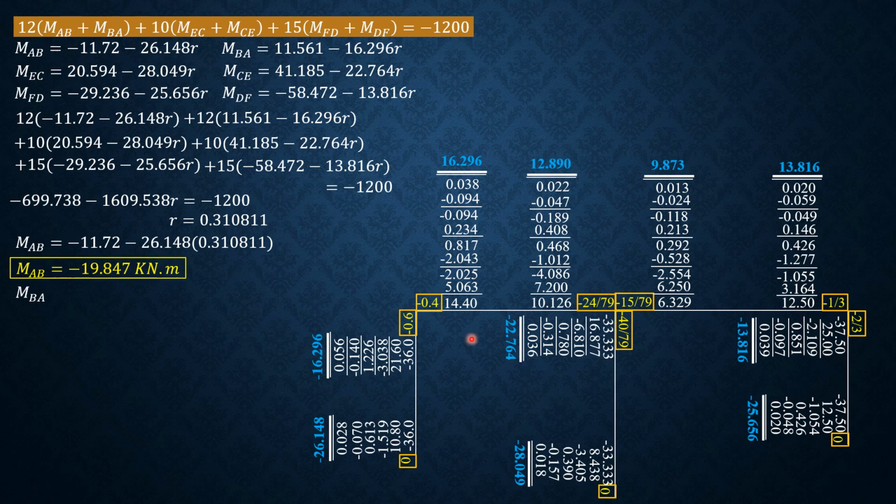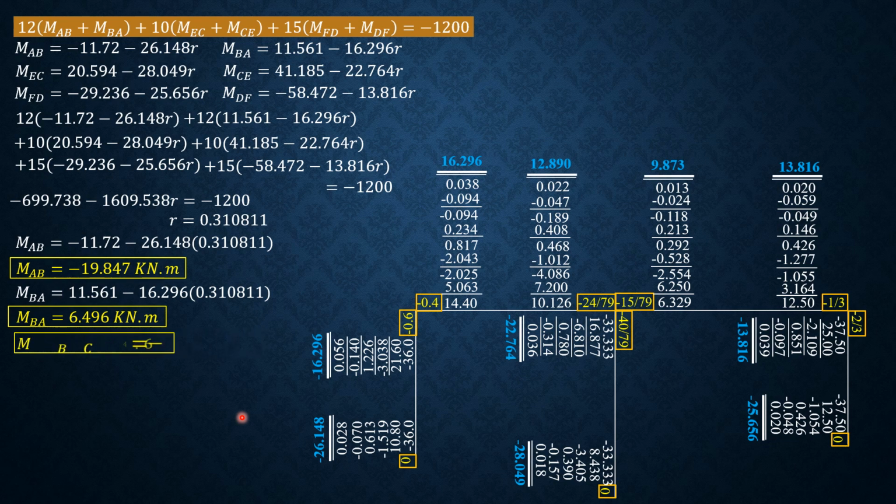Then MCB is moment in the first phase, 37.982 plus 12.890 of 0.310811. Moment CB is equal to 41.988 kilonewton meter. Moment CD is moment in the first phase, negative 79.165 plus 9.873 of 0.310811.